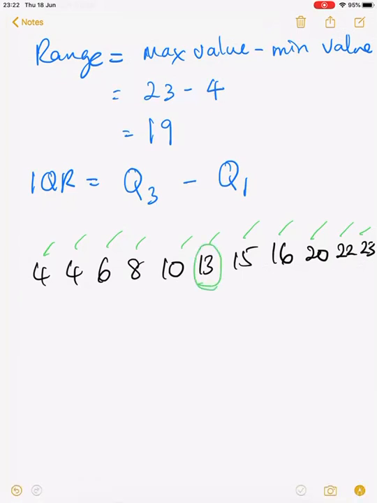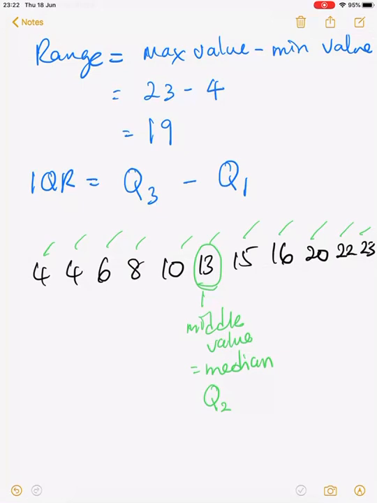So here is the middle value. We call it the median. So the median is 13. The symbol for median is Q2. Q2 stands for median, but usually we just call it median. Second quartile, Q2.